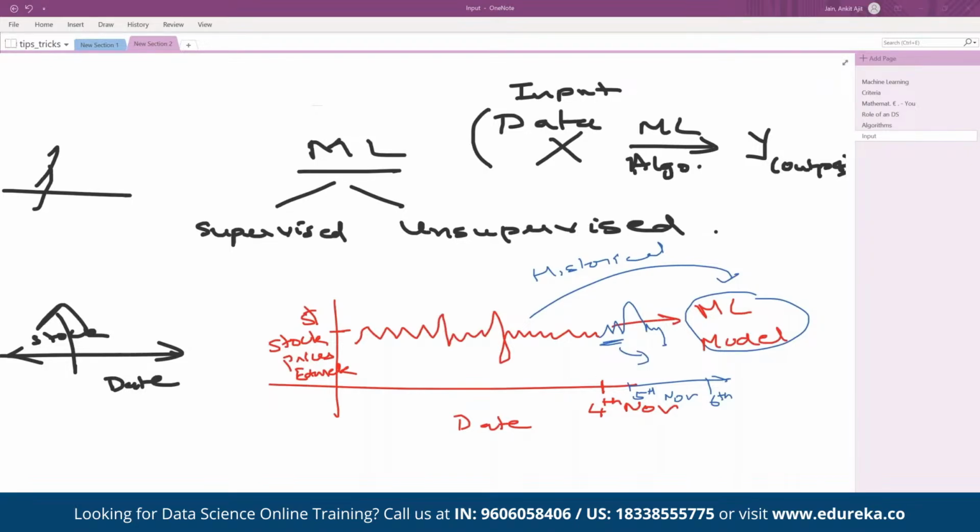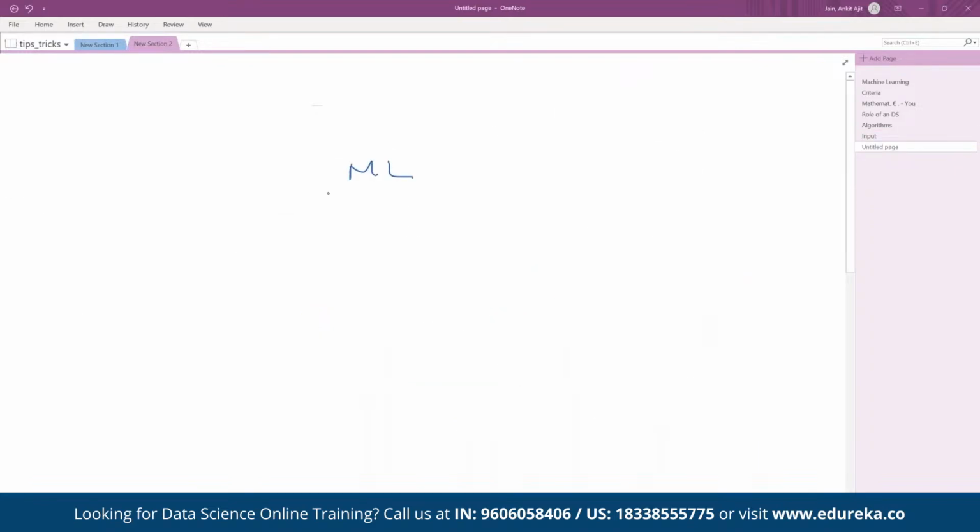We exactly know whether the prices will go up or down tomorrow. So this is exactly what machine learning is.